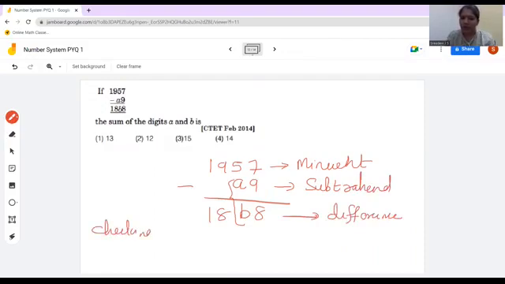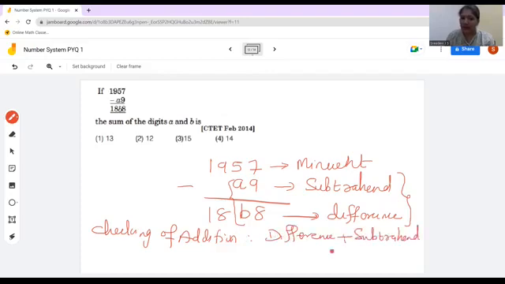Whenever we check subtraction, as we learned in the smaller classes, when you add the difference plus the subtrahend, we should get the minuend. Here, when you subtract 17 minus 9, it is 8, and only one digit is available, 4.